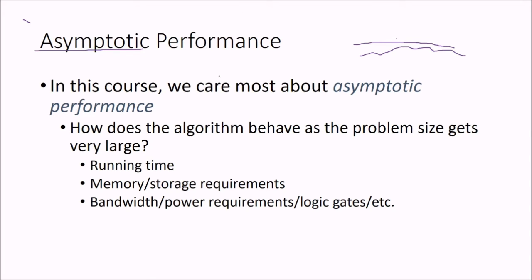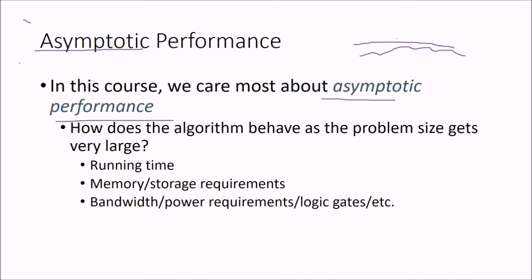Let me give you an example: once you have no x or no variable in that function, we assume that the function is providing a constant value. Means that function will run in constant time, because it is not dependent on any value which is increasing or decreasing. So in this course we care most about asymptotic performance.